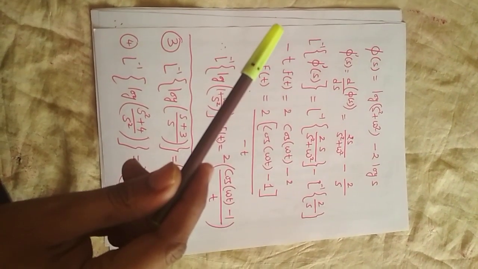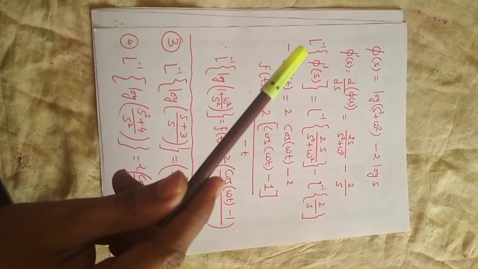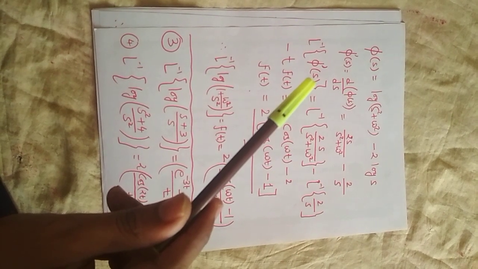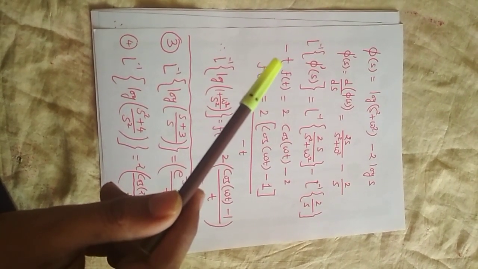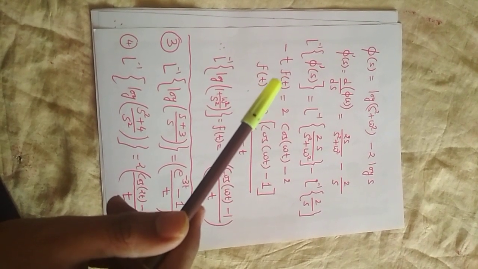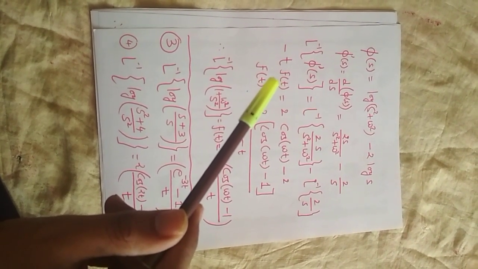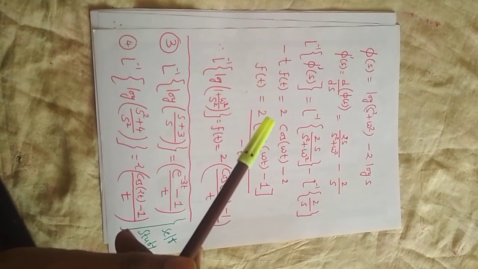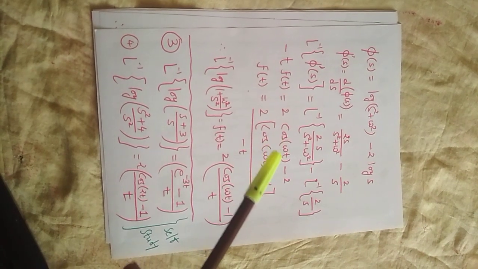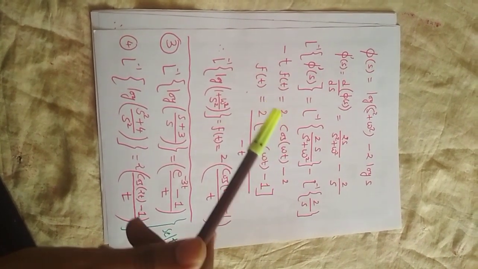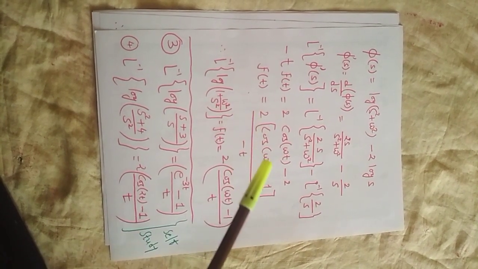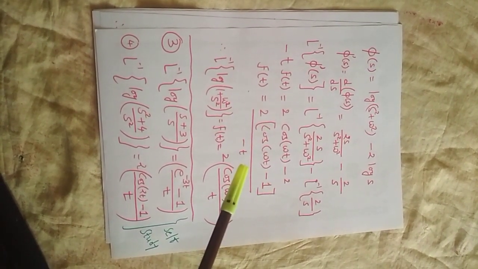Now in the left-hand side it is the inverse Laplace of phi dash s. That means it will be minus t f(t), because t multiplies one time. Therefore our function is minus t f(t) equals 2 cos omega t minus 2. 2 common and divide by t, we get f(t) equals 2 (cos omega t minus 1) by minus t.